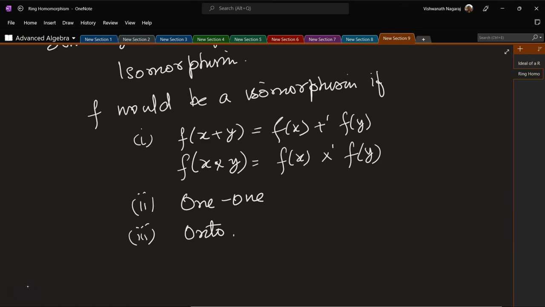If these two conditions are not satisfied, but the first condition is satisfied, then it is called a ring homomorphism. Okay.